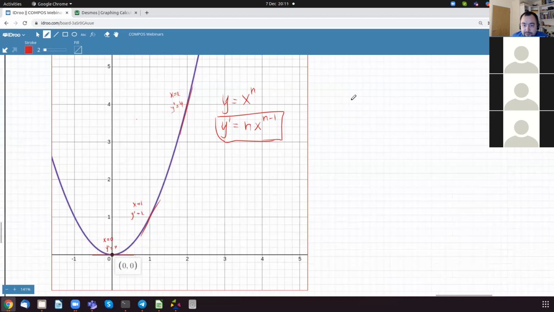So if y is x to the power 4, y prime, the gradient, is, somebody type in the chat using this formula, 4x cubed. Yes, 4x cubed.